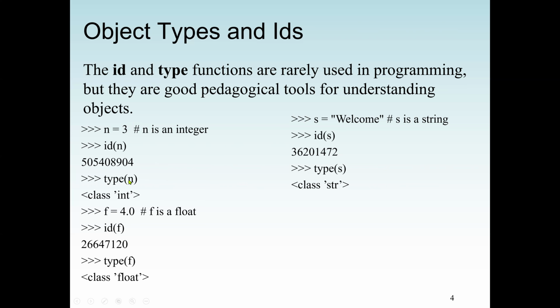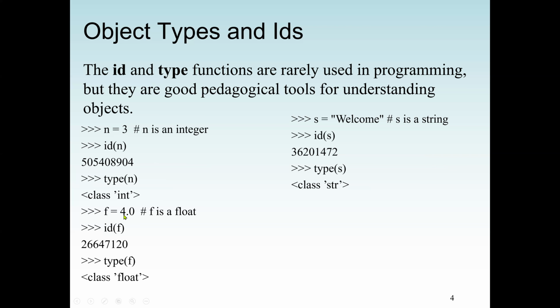Again, the object n is an entity, or we can say a variable. The type depends on the data that is stored in it. Here we assigned the whole number 3, so the type will be int, or integer. Integer means it's a whole number. We have another variable, or object, f. We assign 4.0, which is a decimal value.